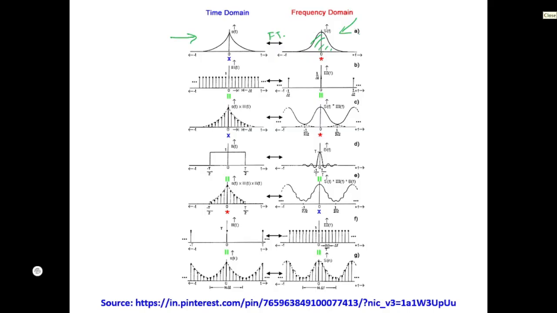Then we had to sample this signal, so we use the sampling train. If you perform the Fourier transform of this, what you have at frequency 0 is a DC component, because the amplitude is not changing.